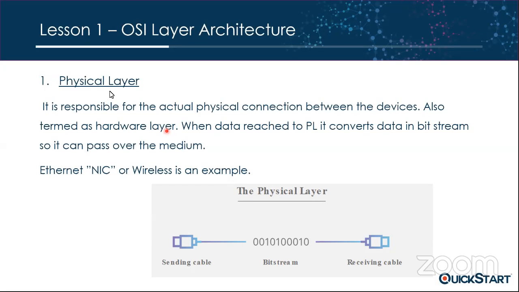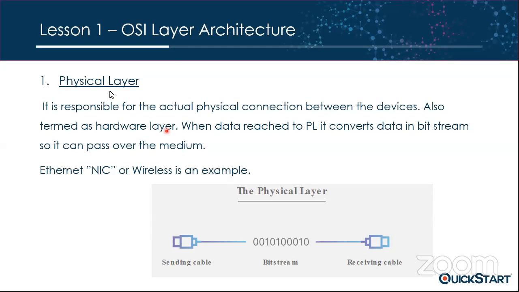What it does, when data reaches the physical layer, it converts the data into the bit stream, right? So ones and zeros. It converts the data to ones and zeros, and it sends it over the medium. The medium would be whatever it is. It could be a DSL, which is kind of obsolete.